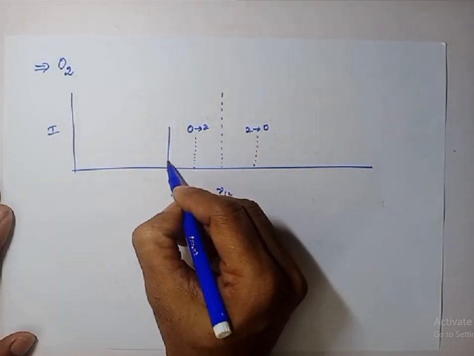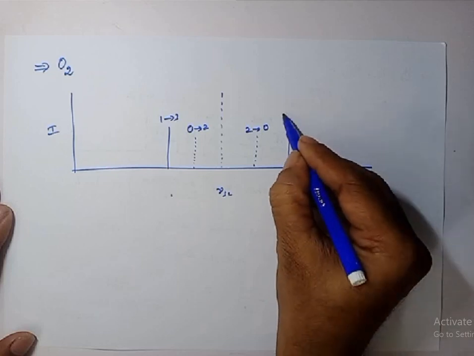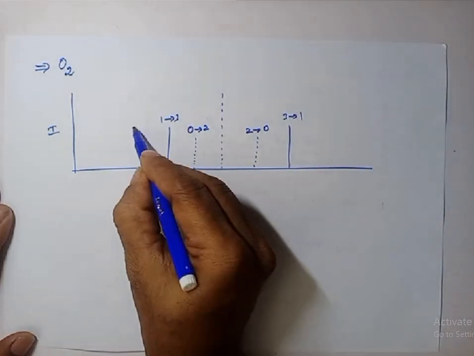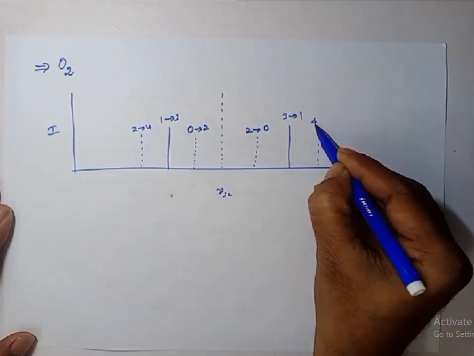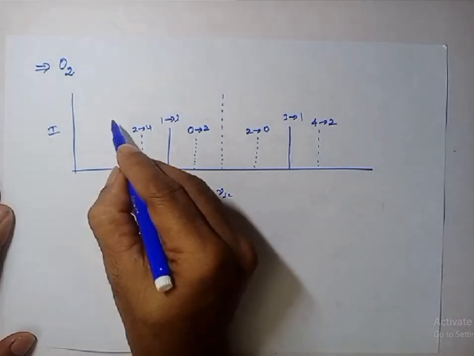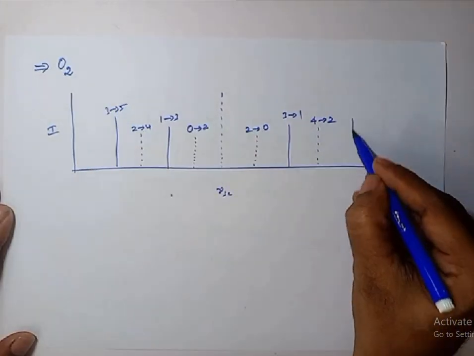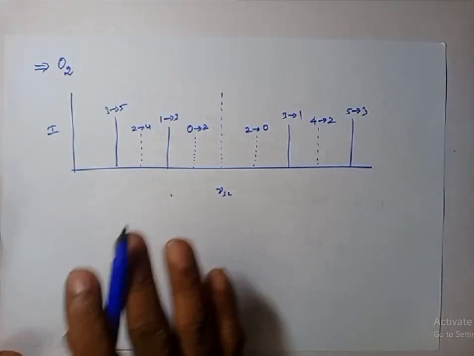The second line, 1 to 3, will appear. Similarly here, 3 to 1 will appear. The next line, 2 to 4, does not appear, and on this side 4 to 2 does not appear. The next line, 3 to 5, will appear, and here 5 to 3 will appear. Are you able to follow this?